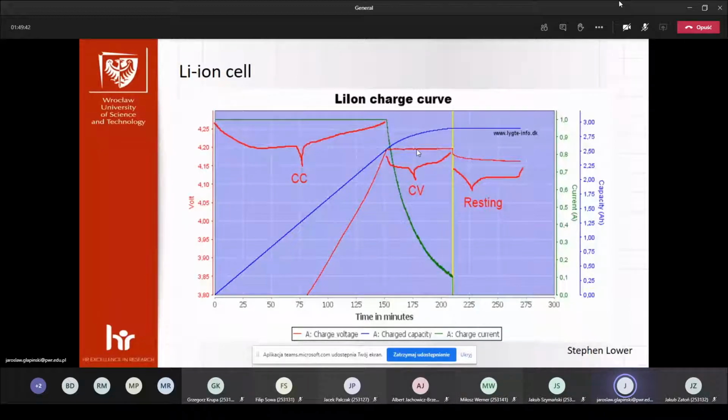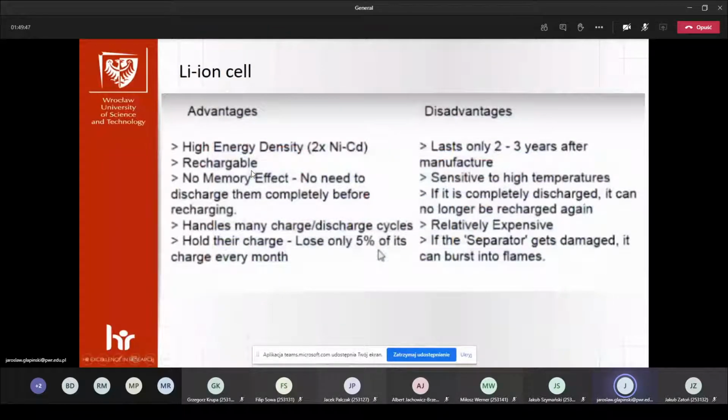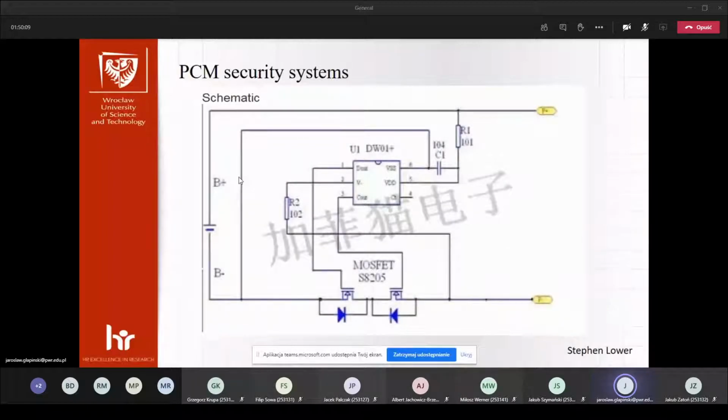So we've got two processes, charging and discharging. Generally, if we compare the batteries, we've got some advantages and disadvantages of these three kinds of accumulators. What's the problem of the lithium battery?